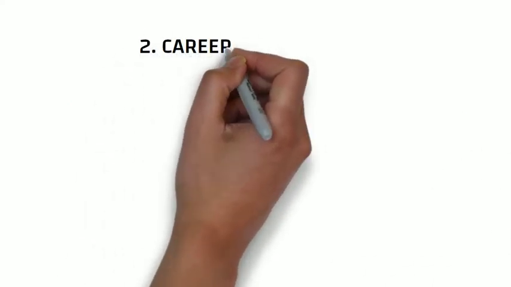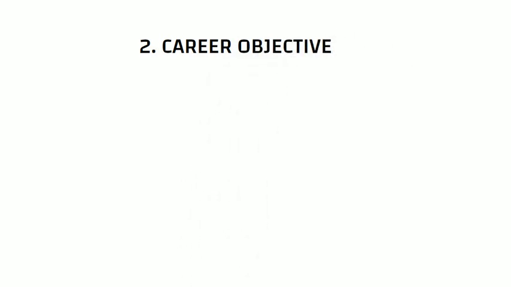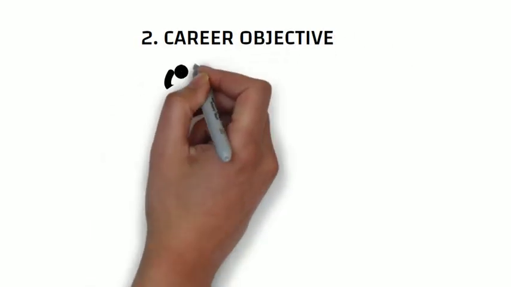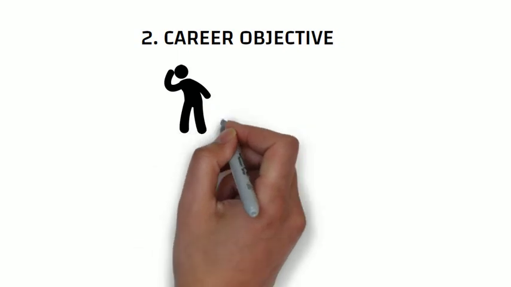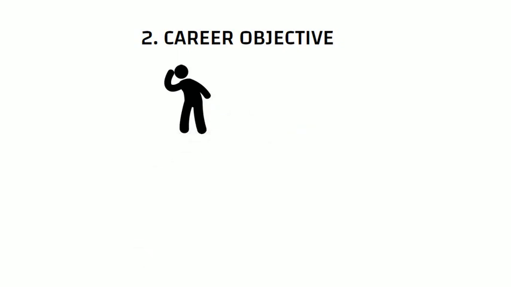The second heading would be the career objective. There are different opinions on this heading, whether it is good or outdated. Some recruiters believe that if a candidate is writing this, they are well committed or sure about their career, and some experts believe that this heading is outdated and it expresses the candidate's desire rather than the employer's need.